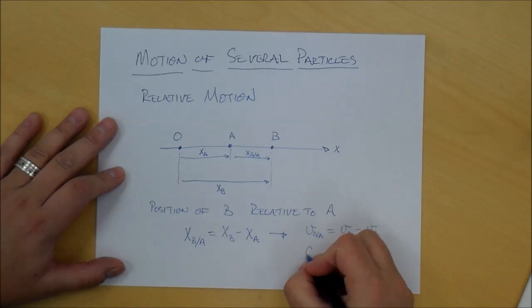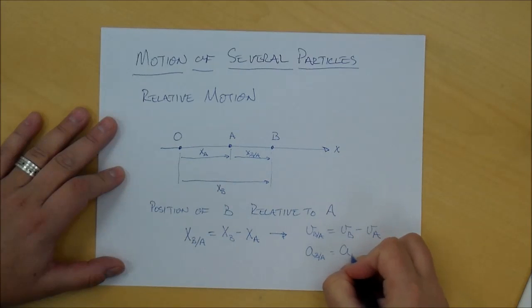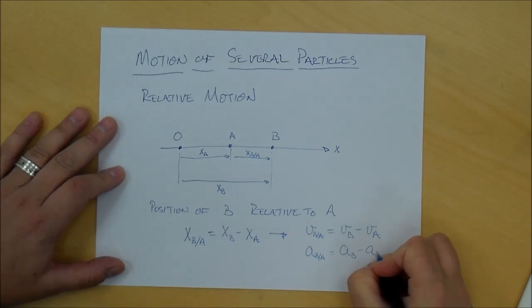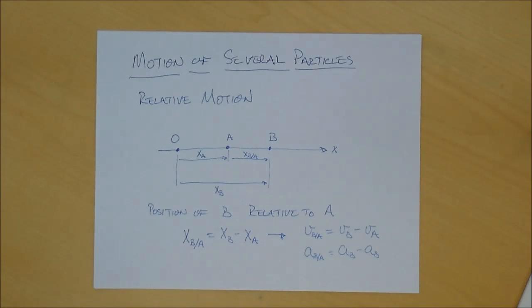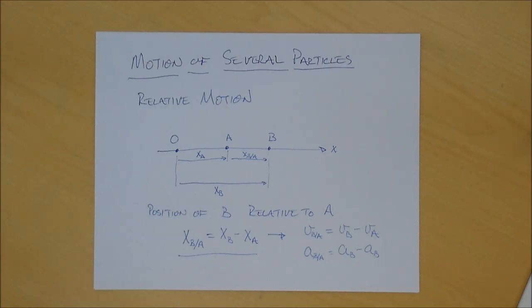And similarly, I can get the equation for acceleration. Acceleration of B relative to A is equal to the acceleration of B minus the acceleration of A. So those are the relationships we use, and this is sort of your definition equation, if you will, of relative position. Okay, and from that you can infer velocity and acceleration.